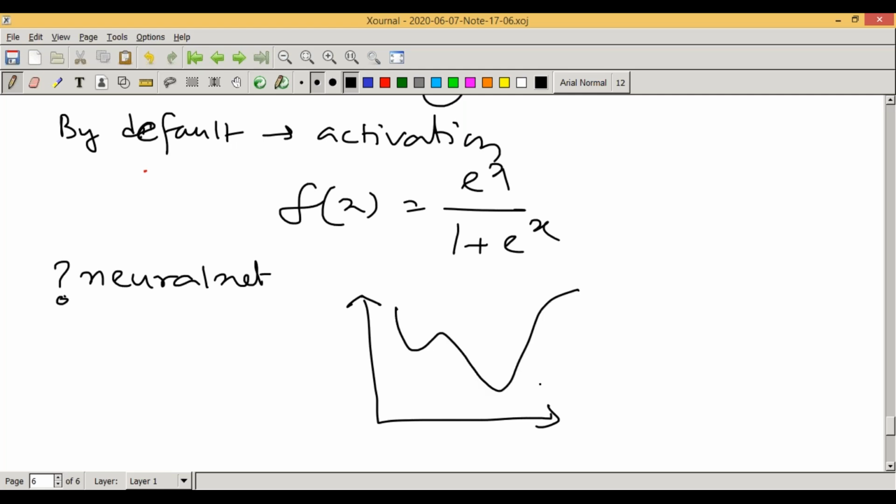So let's say this is an f(x). If I start from here, I will reach here. That's the local minima for me. If I start from here, I will reach here. But when I reach here and stop, I don't even know whether there is a global minima or not. So even if I get a W1 to be negative, I don't know exactly whether it is actually negative or not.